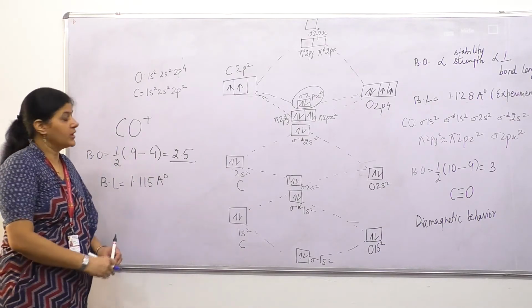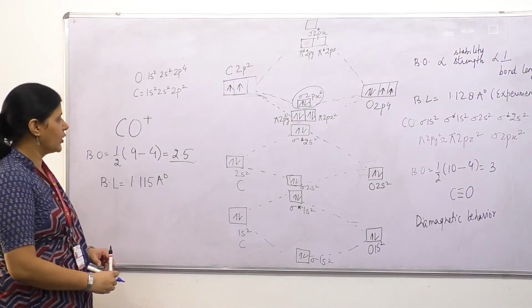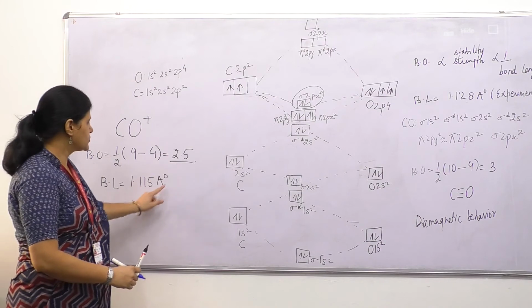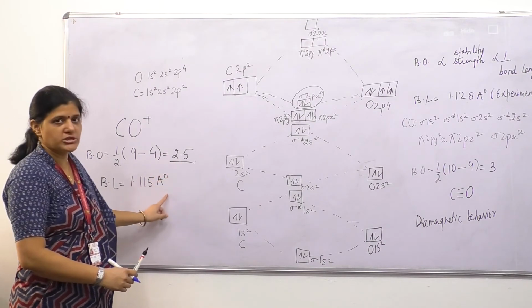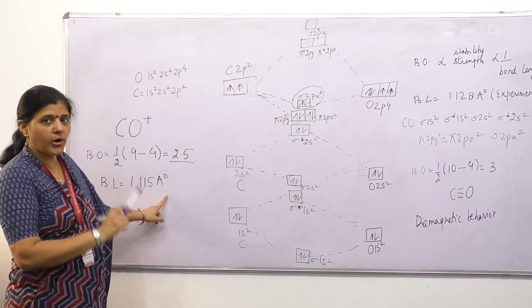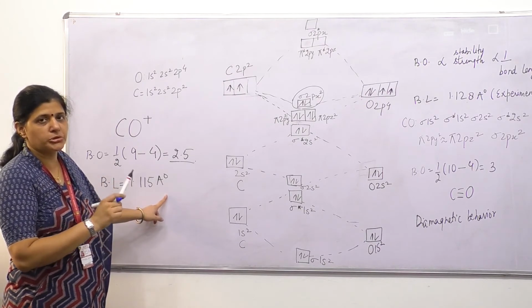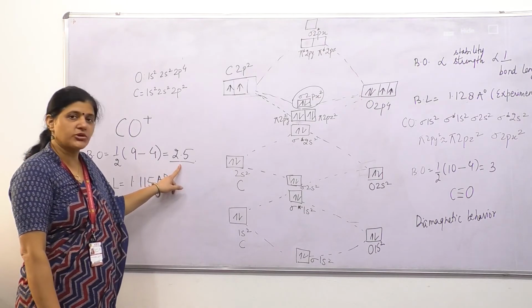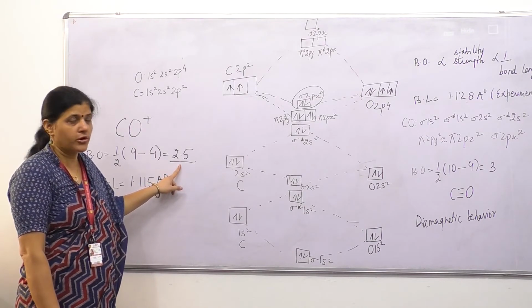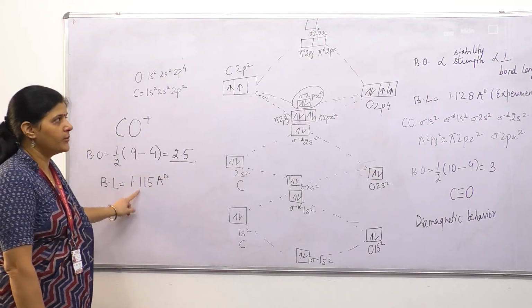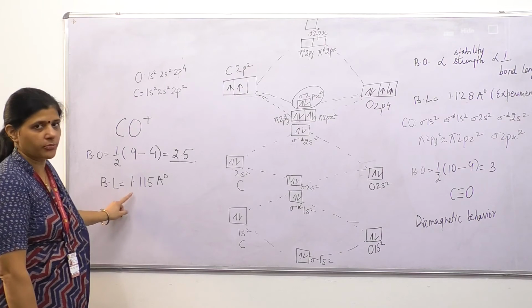1.115 angstrom. Now if we look at the bond order and bond length carefully, we will find that these two values do not correspond to the relationship that bond order is inversely proportional to bond length. Here bond order is decreasing, therefore bond length should be more than 1.128 angstrom.